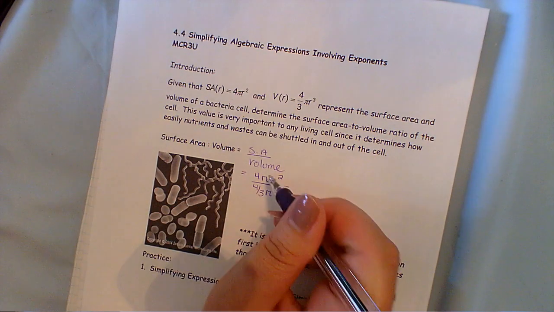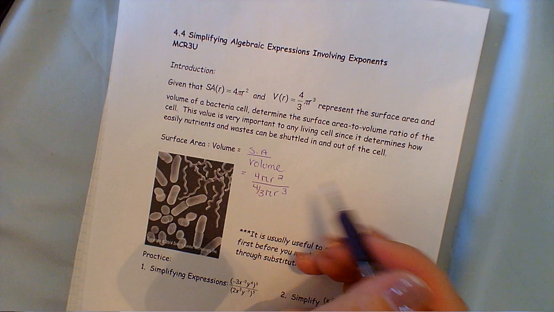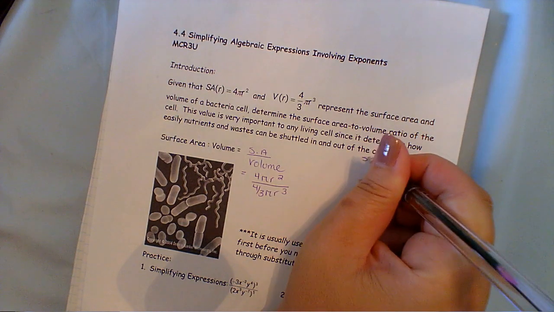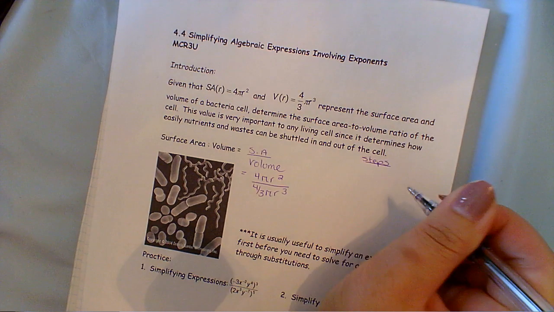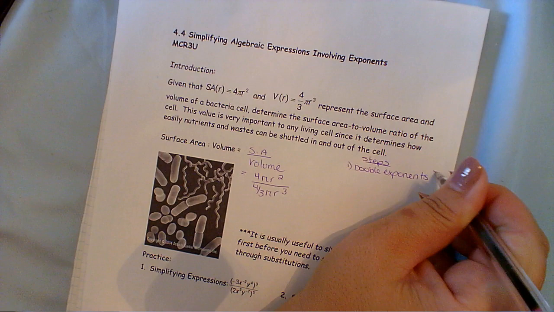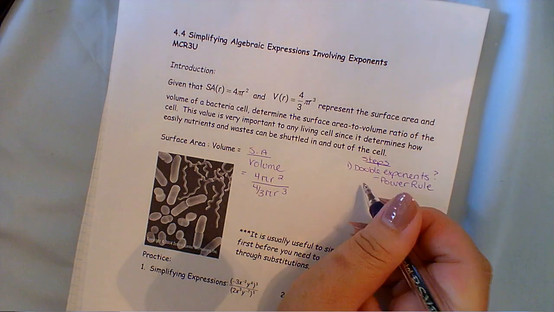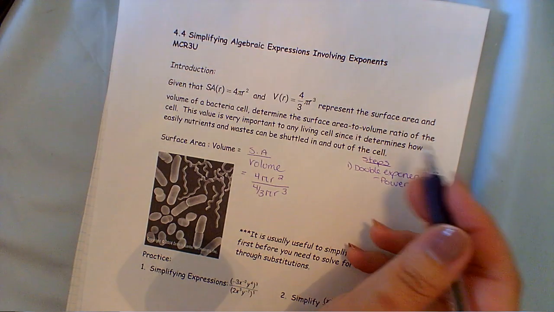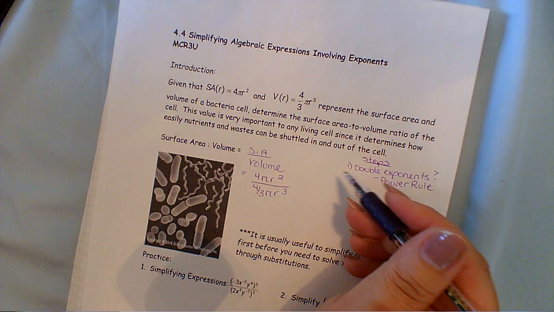My suggestion is to undergo the following steps when you do any kind of multi-step simplification. Do you have any double exponents? If you do, apply your power rule. That is where you multiply the exponents together to bring everything down to a single exponent on a single base.